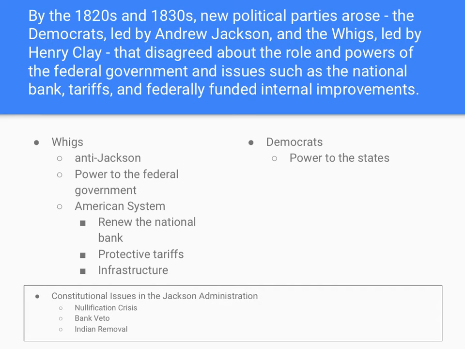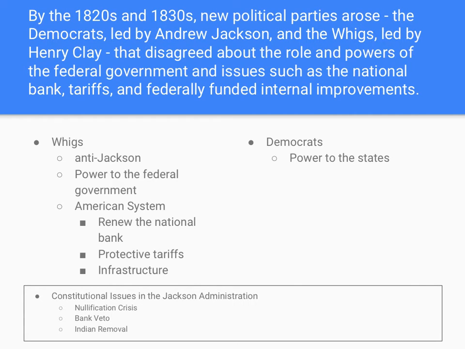One of those constitutional conflicts was the nullification crisis, when South Carolina argued that the tariffs passed in the late 1820s and early 1830s were unconstitutional, and they revived the argument that Jefferson and Madison put in the Kentucky and Virginia resolutions, arguing that the states had the ability to declare laws unconstitutional and then nullify those laws and not follow those laws.